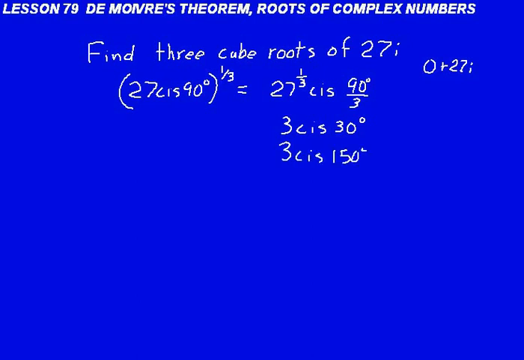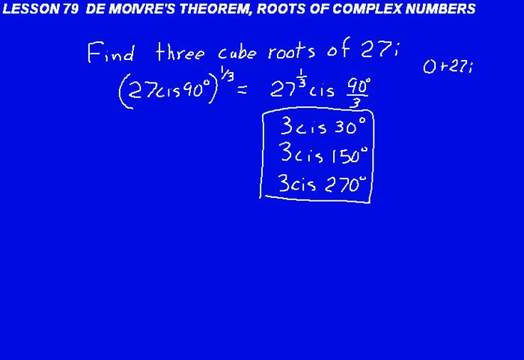And what you can see here is that your multiples are always 360 over n. So n is 3 in this case. 360 over 3 is 120. This next one will be 3 cis of 270. If we added another multiple, we'd be at 390, which is the same thing as 30 degrees. So that's our 3 roots right there.